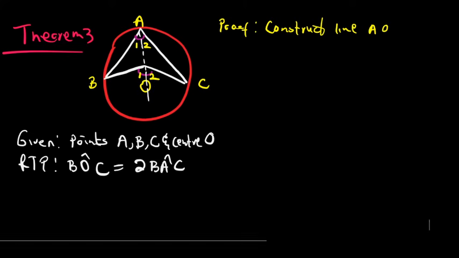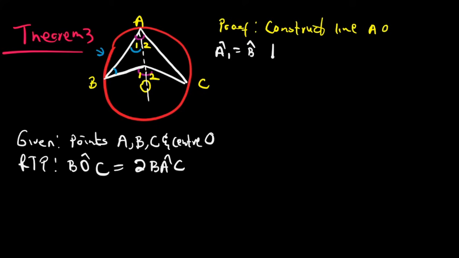So now let's try to look on our left hand side here. So you can say angle A1 is equal to angle B, right?